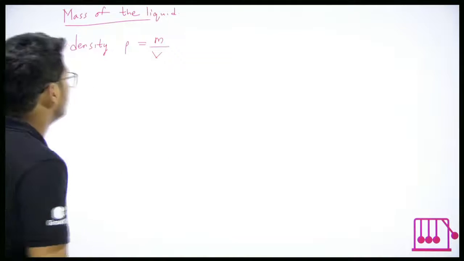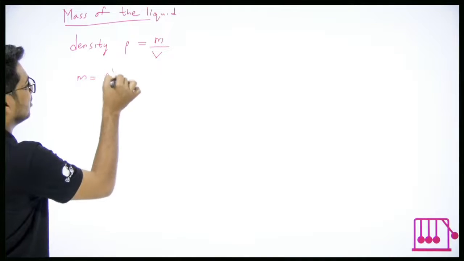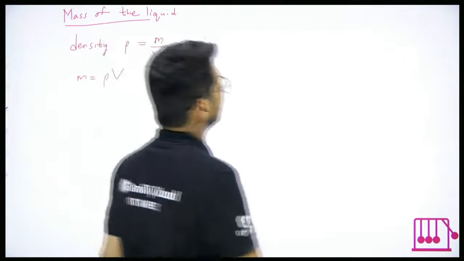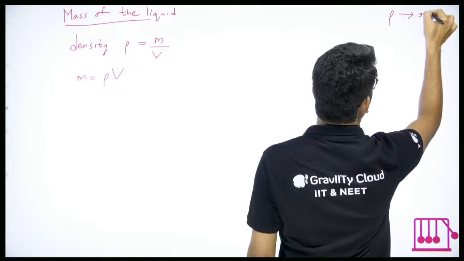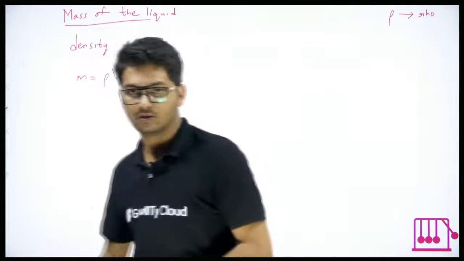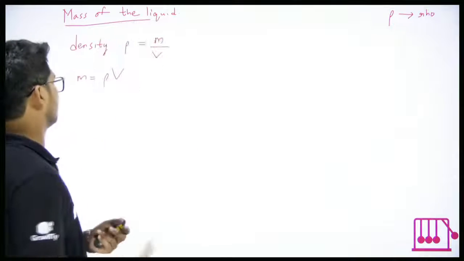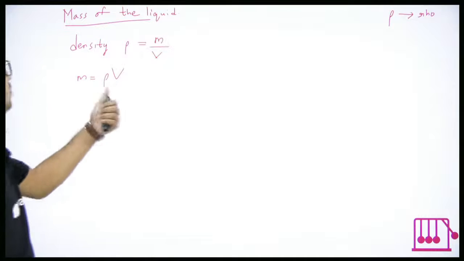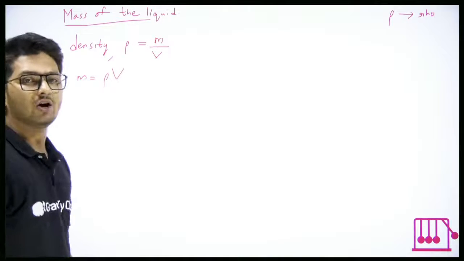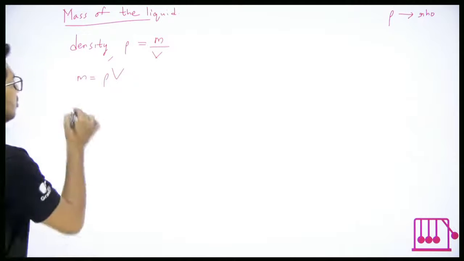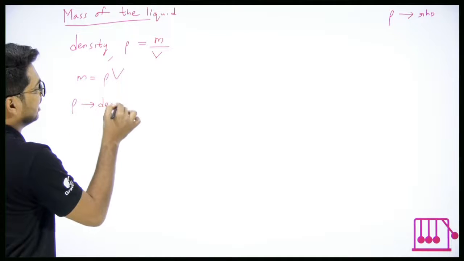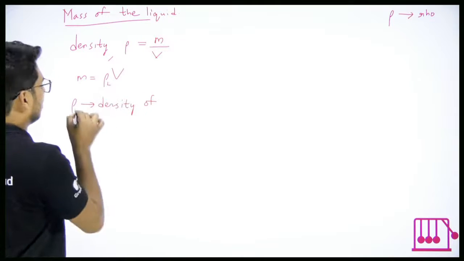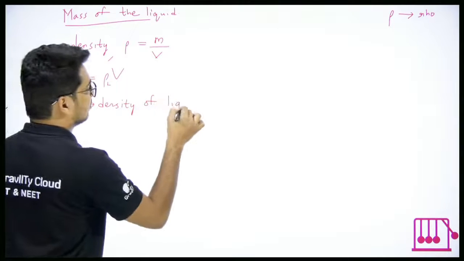So mass will be equal to density into volume. It's a Greek symbol, spelled R-H-O and pronounced rho. And we are talking about the mass of the liquid, so rho will be the density of the liquid itself. Very important, so I'll call it rho L, so that you will not have any confusion.